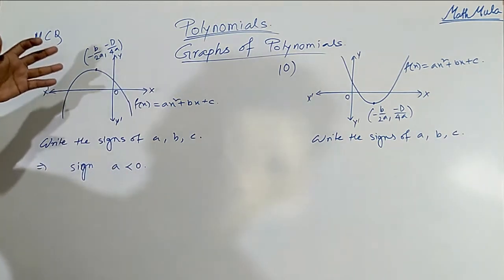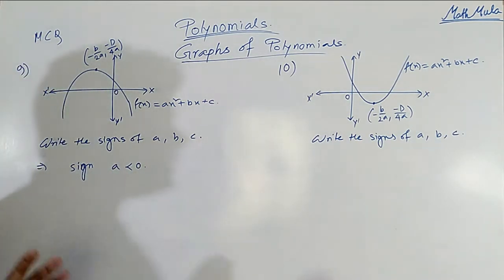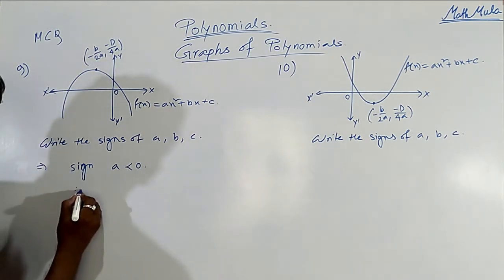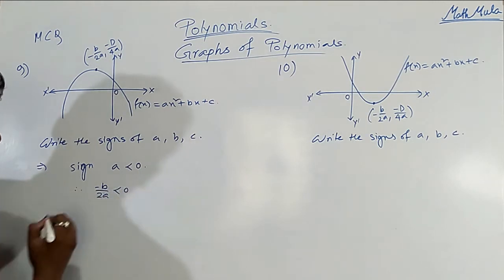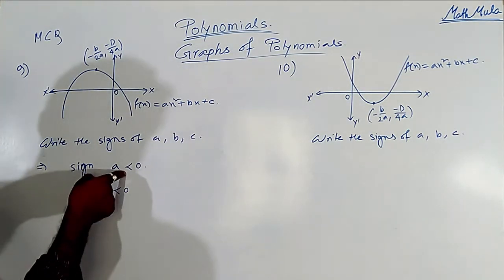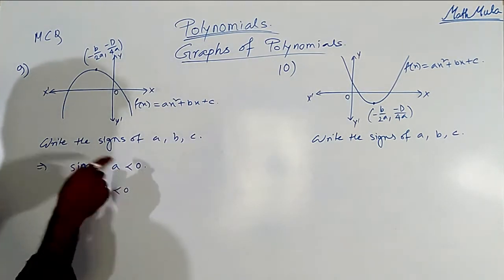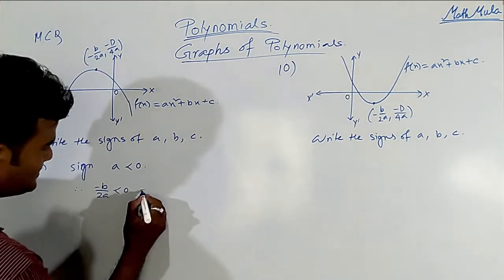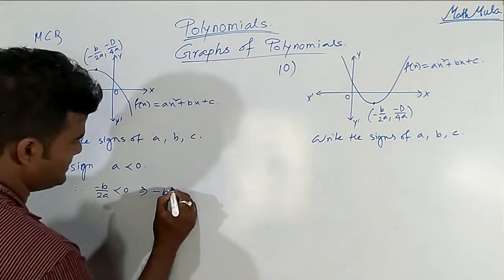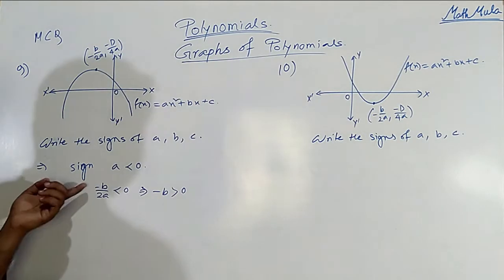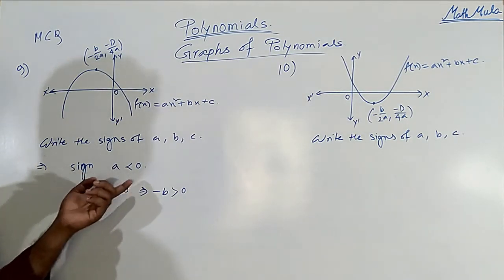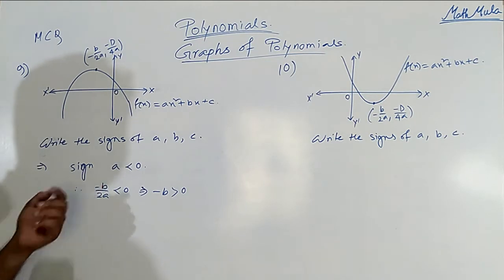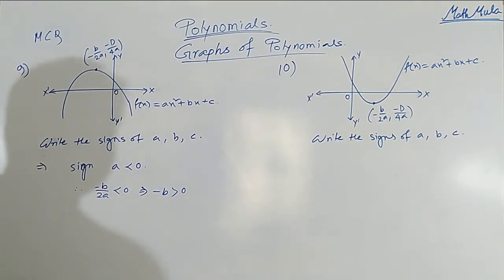The vertex lies in the second quadrant. Now we know in the second quadrant, the x-coordinate must be negative. That means minus b by 2a is less than 0. Now look, from here we can say a is less than 0. Since minus b by 2a is less than 0 and a is less than 0, the numerator minus b must be positive.